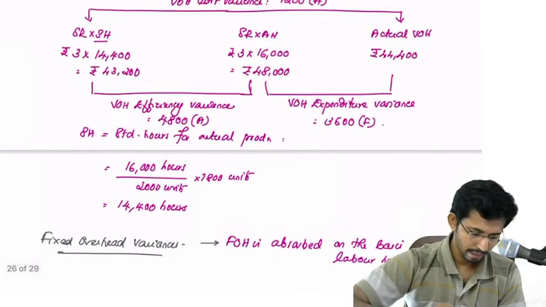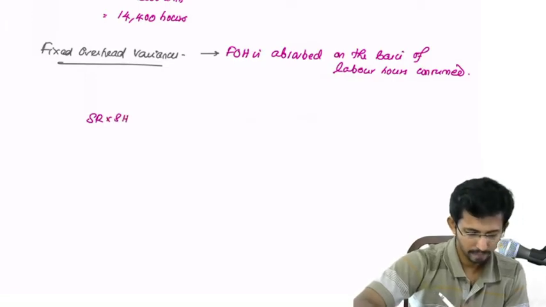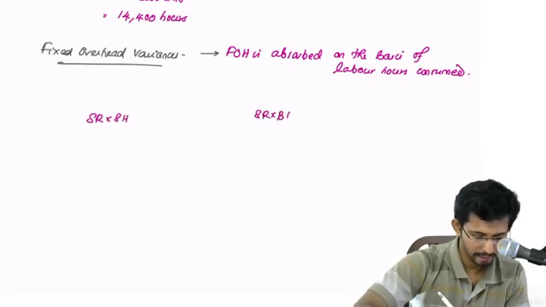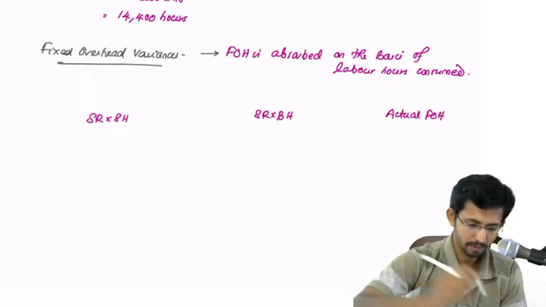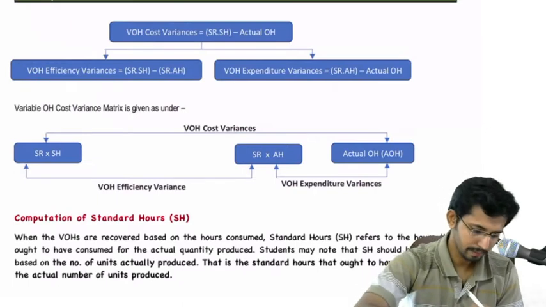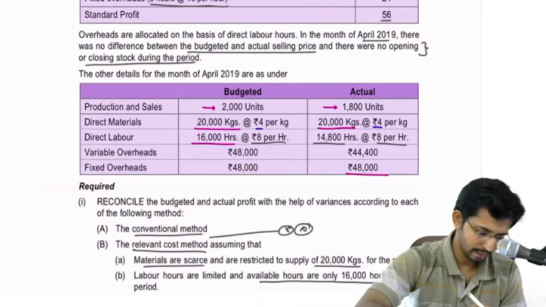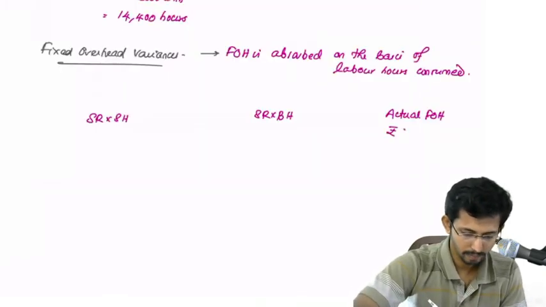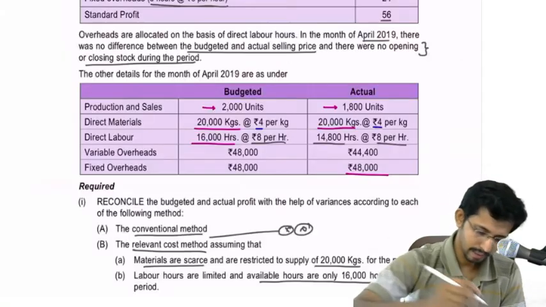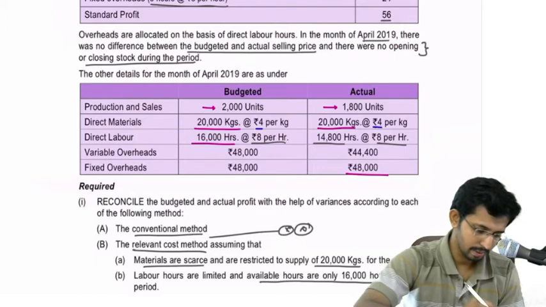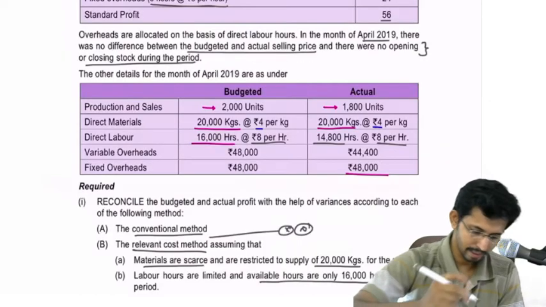The formula will be SR into SH, then SR into BH, then actual FOH. What is actual FOH? It is 48,000. Then what is budgeted hours? Budgeted hours was 16,000 hours. And what was the budgeted rate?